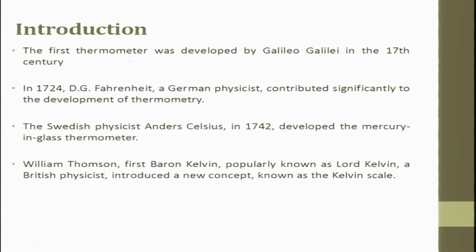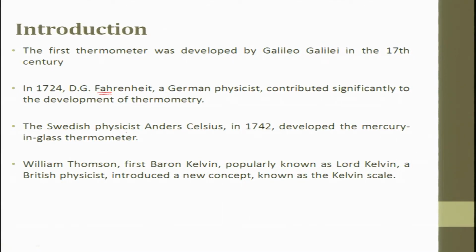Introduction. The first thermometer was developed by Galileo in 17th century. In 1724, Fahrenheit, a German physicist, contributed significantly to the development of a thermometer. That is why we still call it as Fahrenheit.